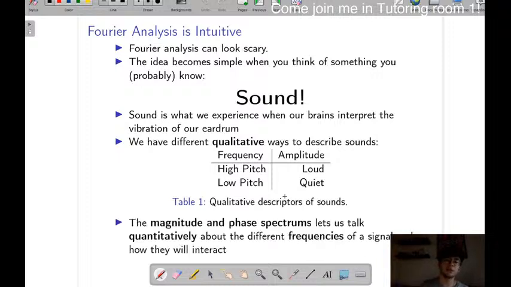And when we talk about Fourier analysis in class, we talk about the magnitude and phase spectrums. These are just ways to let us talk quantitatively, with numbers, with precision, about the different frequencies of different signals that we have. It might be the sound waves that we're talking about, but it also is much more general. We can talk about things in communications.